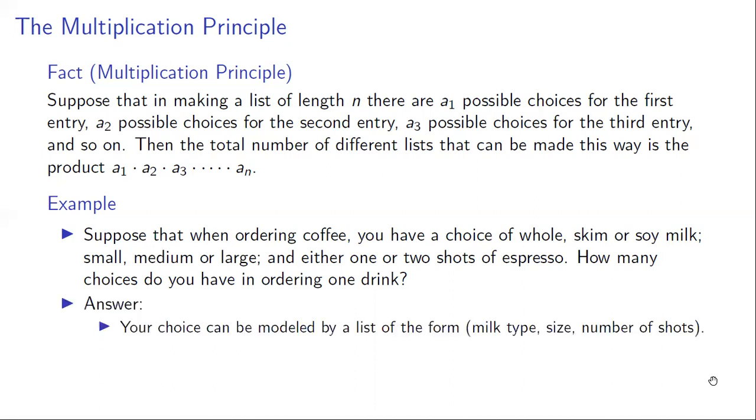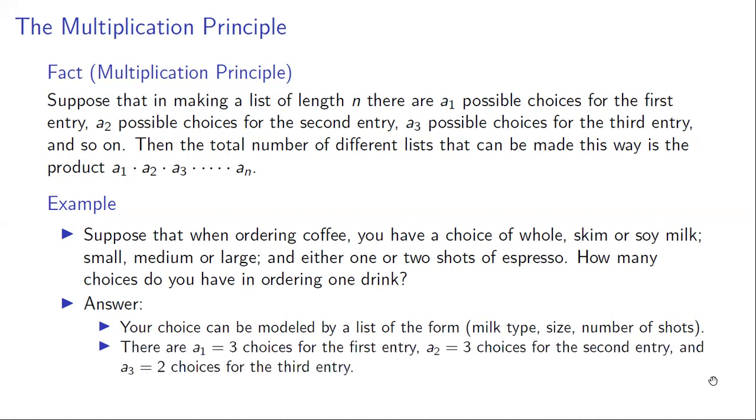So the answer is, your choice can be modeled by a list of the form: milk type, size, number of shots, right? So it's a list of 3 entries. The first entry specifies the milk type, the second one specifies the size, and the third specifies the number of shots of the espresso. And there are 3 choices for the first entry. So that is our a1 in this example.